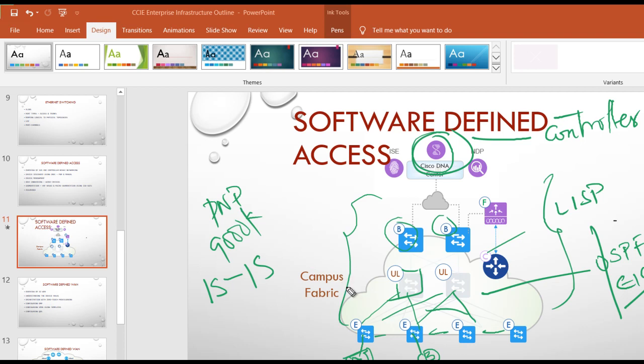When this man wants to reach this man, what does he need to start to build this packet? Let's say his IP address is 1.1.1.1 and this guy is 2.2.2.2. Remember our old packets. So this man has his source IP address as 1.1.1.1, going to destination IP 2.2.2.2.